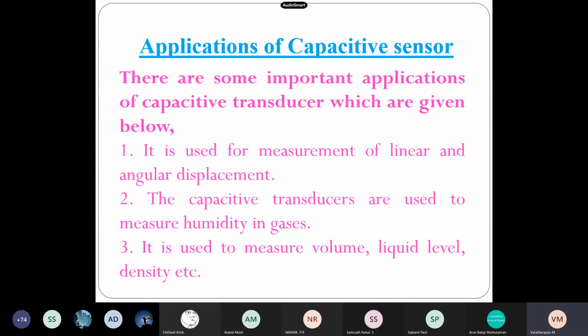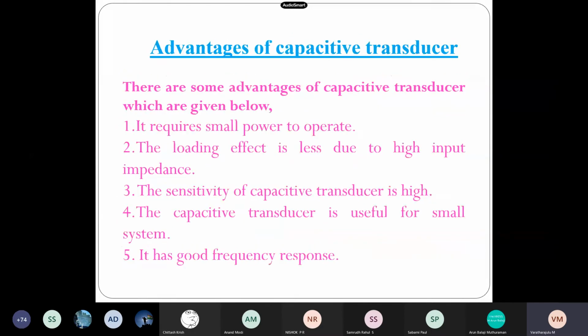Some applications of capacitive sensors. It is usually used for measuring linear and even angular displacement, and capacitive transducers are used to measure humidity in gas. It can also be used to find volume, liquid level, density, and so on.